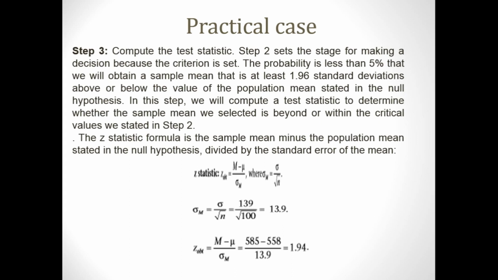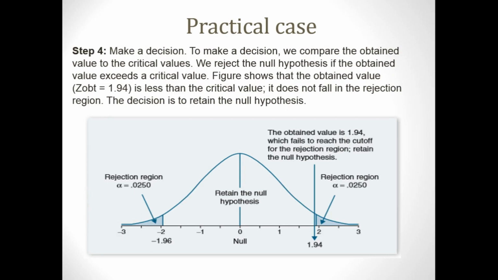It does not fall into the rejection region. So the decision is to retain the null hypothesis, which means that the obtained value of 1.94 failed to reach the cutoff for the rejection region, so we retain the null hypothesis, which means that in our sample population, the mean does not change.